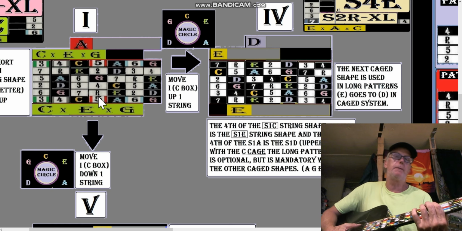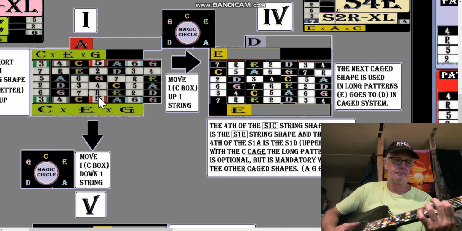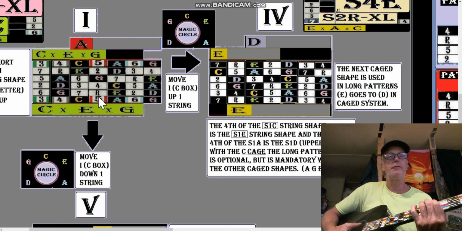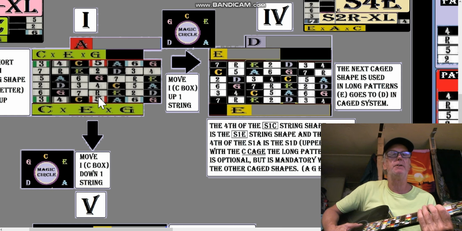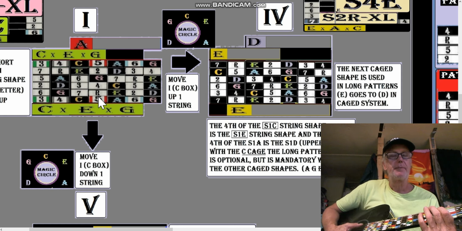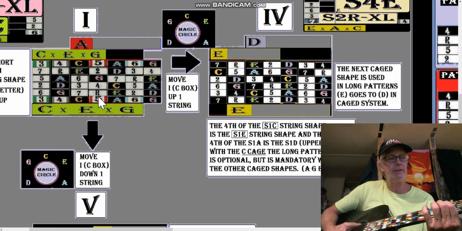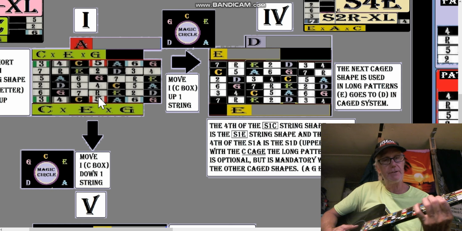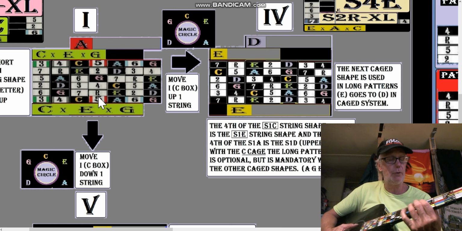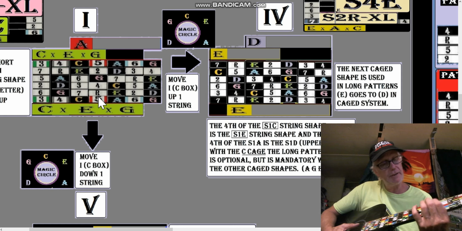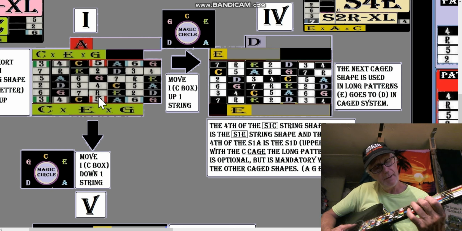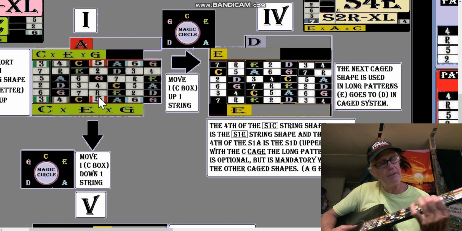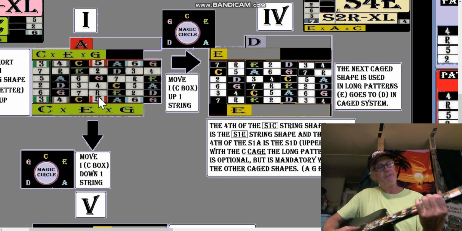So we know the bottom string of that is going to be the E-shaped bottom, and also the fourth of the C-shaped string shape. There's your E string shape right there, that diminished fourth. Now remember, the E string shape, 6, 7 root. Oh, that's G rather, that's the fifth of it.